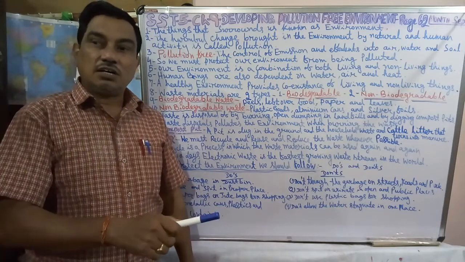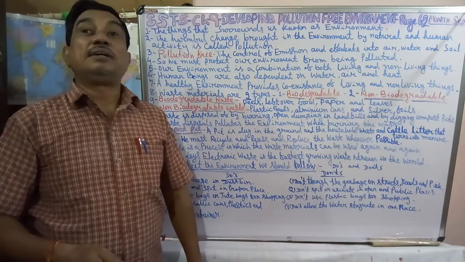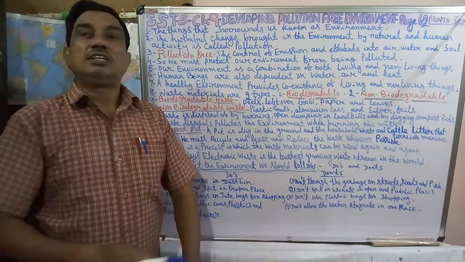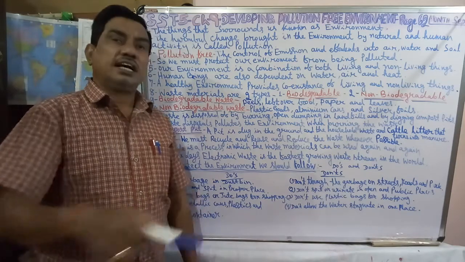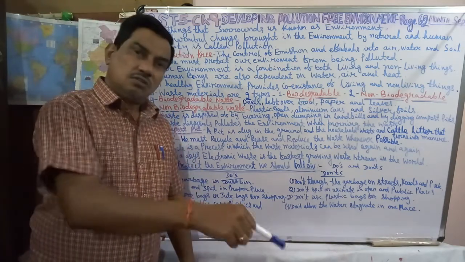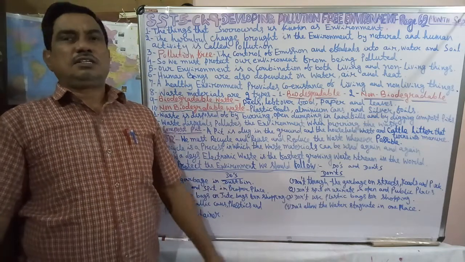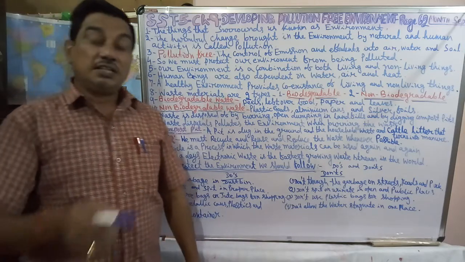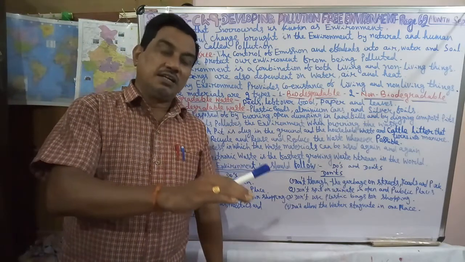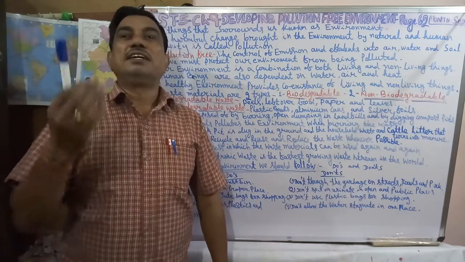The stagnant water is the breeding habitat of insects. Mosquitoes and flies breed in the stagnant water. In moving water they cannot stay. In stagnant water they stand and start breeding.